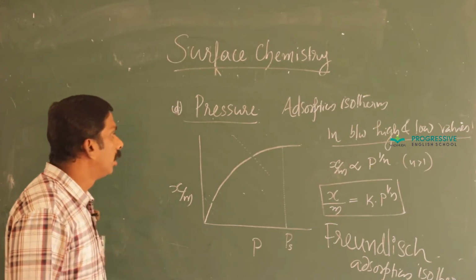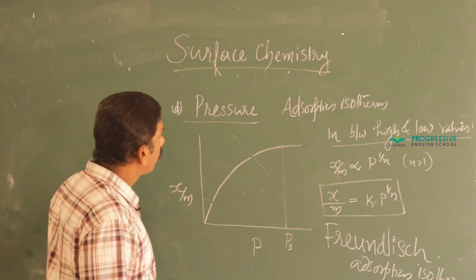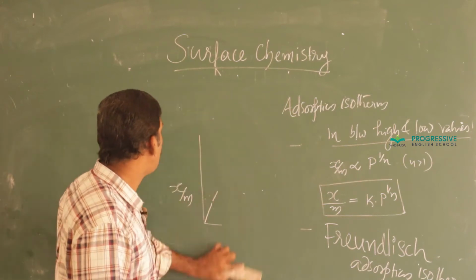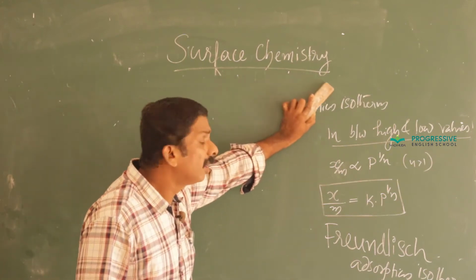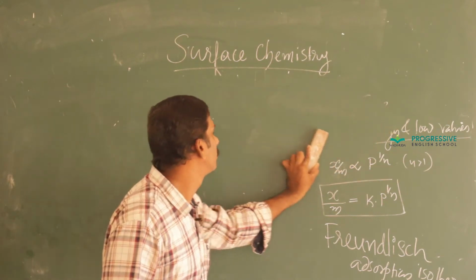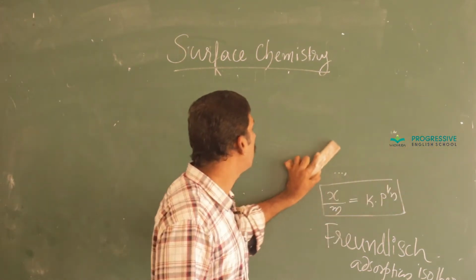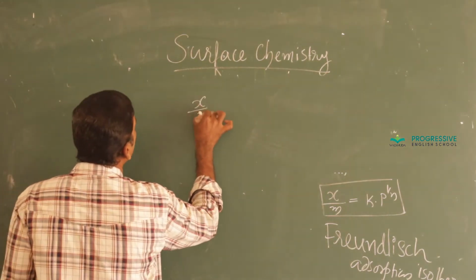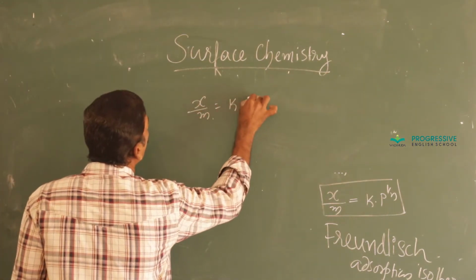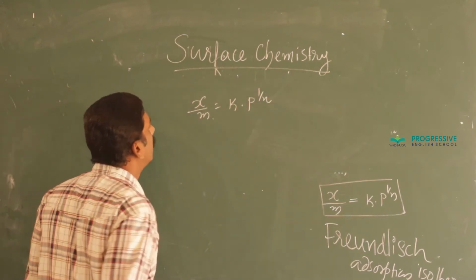One of the drawbacks of this Freundlich adsorption isotherm is that it fails at high pressure. It is not applicable at a high pressure. Then x by m equal to k into p raised to 1 by n.